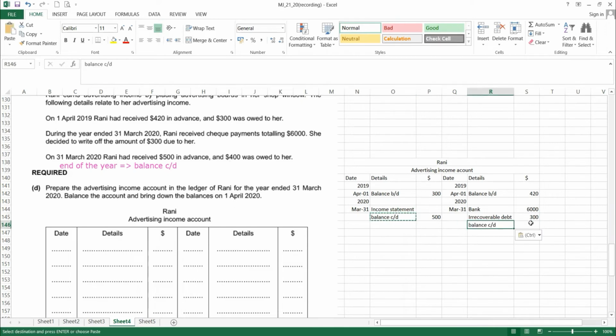At the end of the year, the asset balance carried out will be on the credit side. So this is the current asset, whereas this one is the current liability. Because this is the beginning of the year and this is the end of the year, they are different: one is a balance brought down, one is a balance carried out. So now we calculate the subtotal.